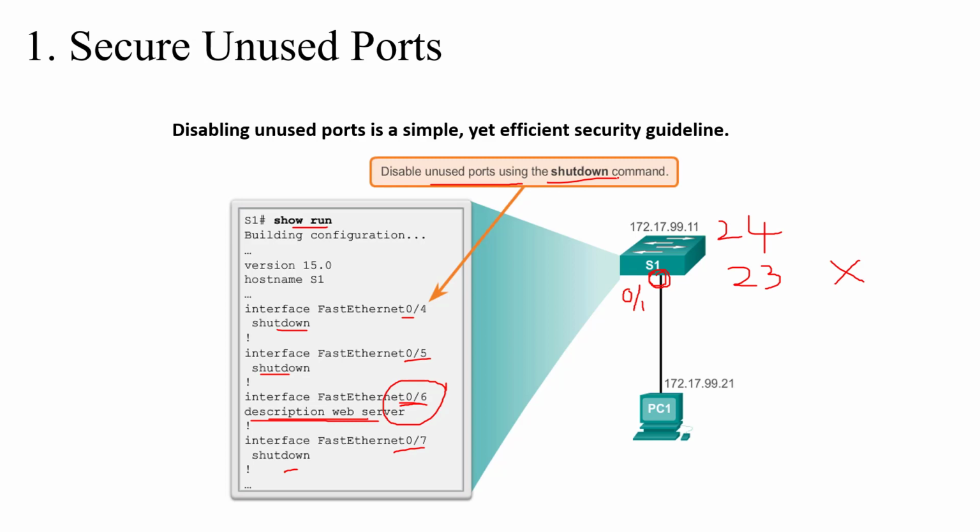Keep the unused ports shut down. This is the first concept. A very simple technique. Disabling the unused ports is a simple yet efficient security guideline. It's a very simple concept, but it is very efficient.